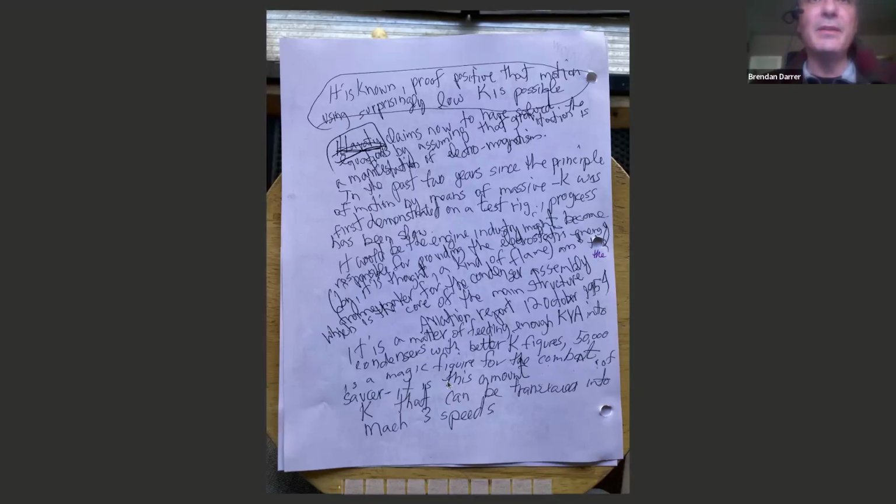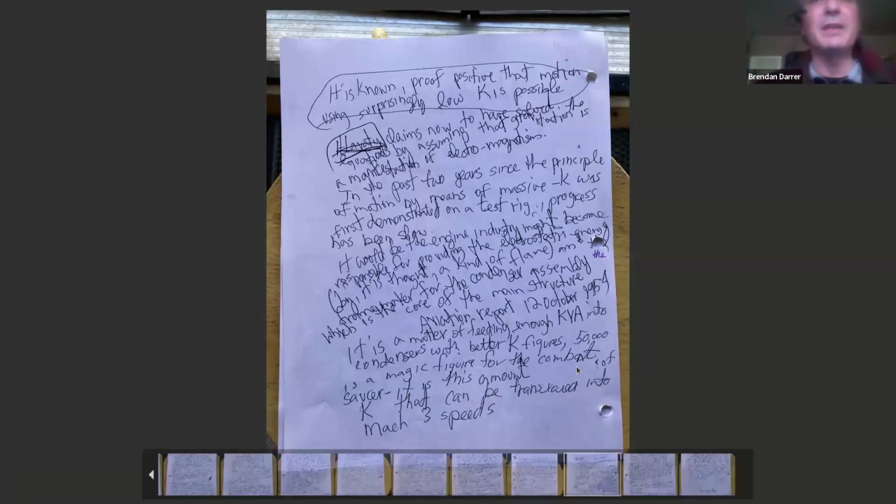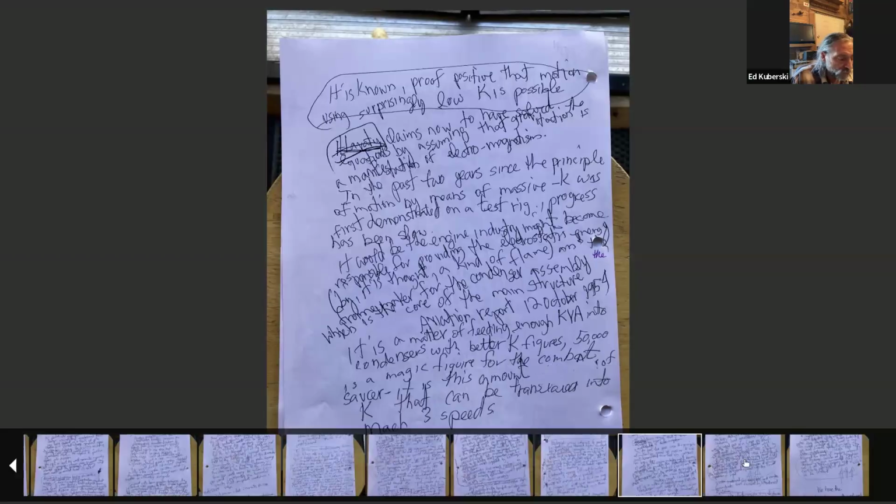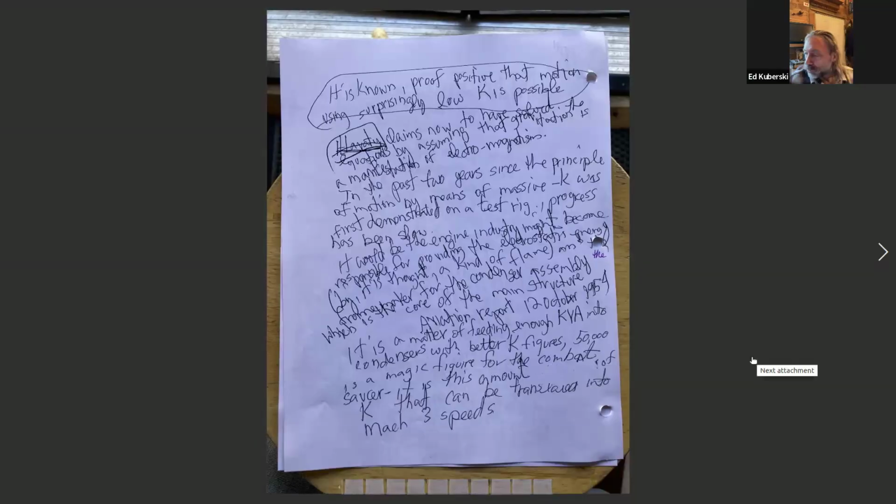It is this amount of K that can be translated into Mach 3 speeds. So it's really important. The K again is very important. This high K material, the higher the number, the more useful it is, essentially, is what they're saying.